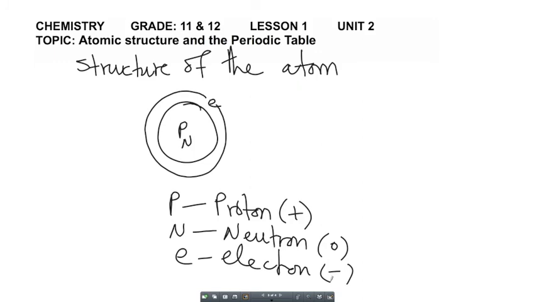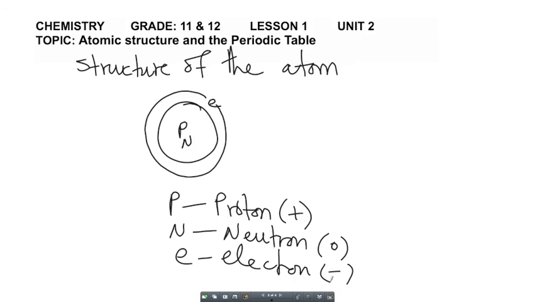So from here we can now extend it to the concept of the periodic table, because we are going to incorporate the atom into the periodic table. Because remember what I said earlier, when we have the atom, the element, the compound, and the molecule, one cannot separate those entities. They are inclusively part of the chemistry.